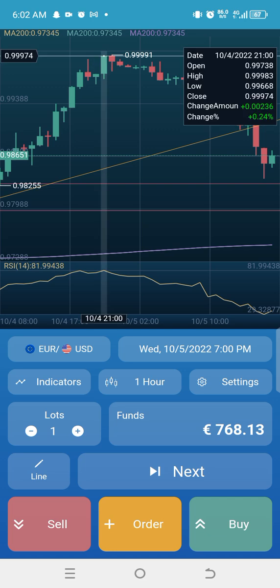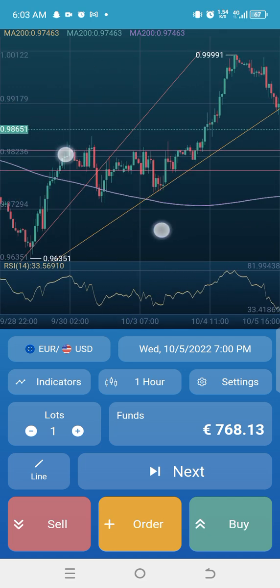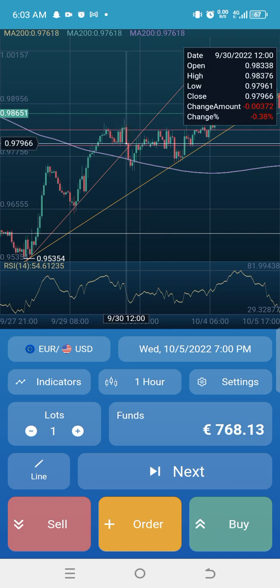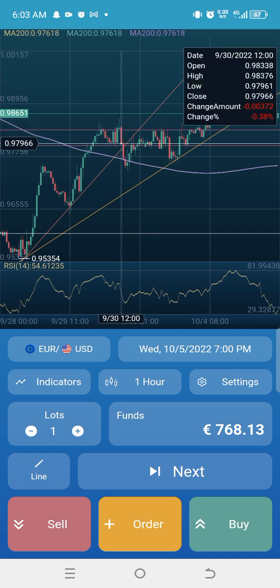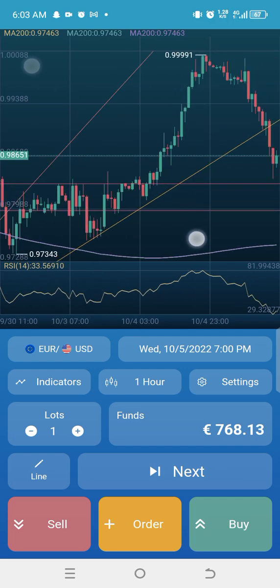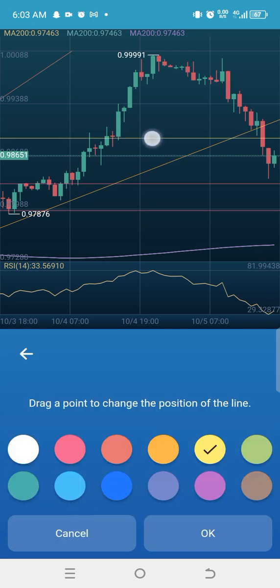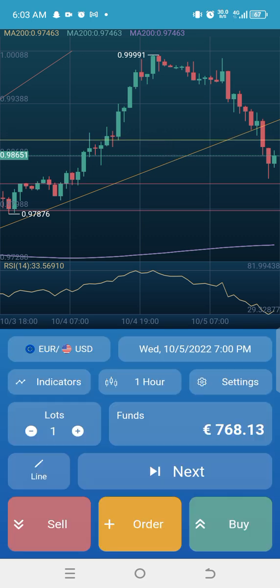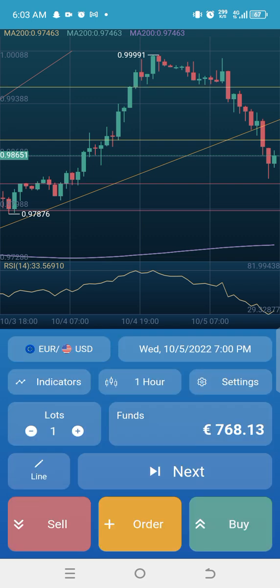Let's wait, this is 81, overbought area. There's no divergence. Area of interest is formed here. Another one is there.